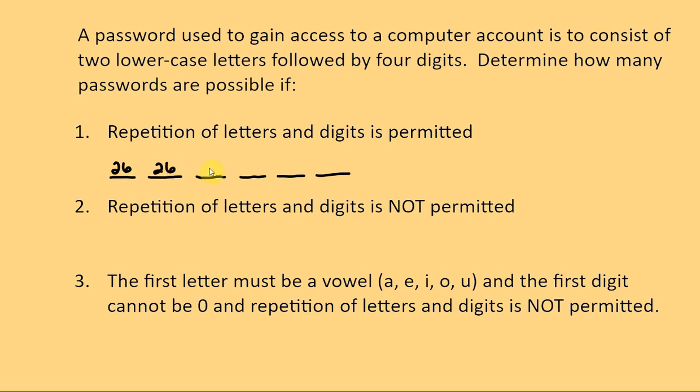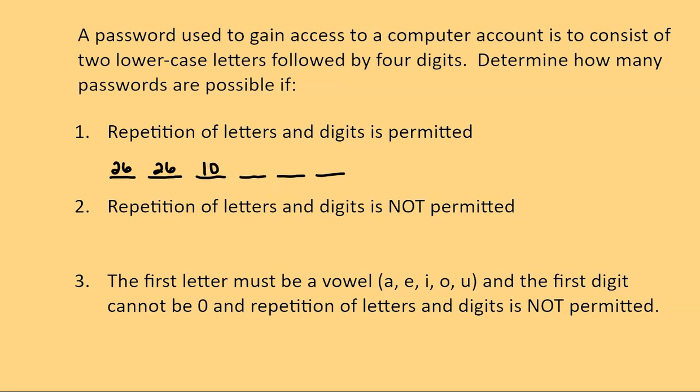And then the next position is to be a digit. The digit is a single digit, so we could have 0, 1, 2, 3, 4, 5, 6, 7, 8, or 9, which, because we're counting 0, gives us 10 possible choices for a digit.